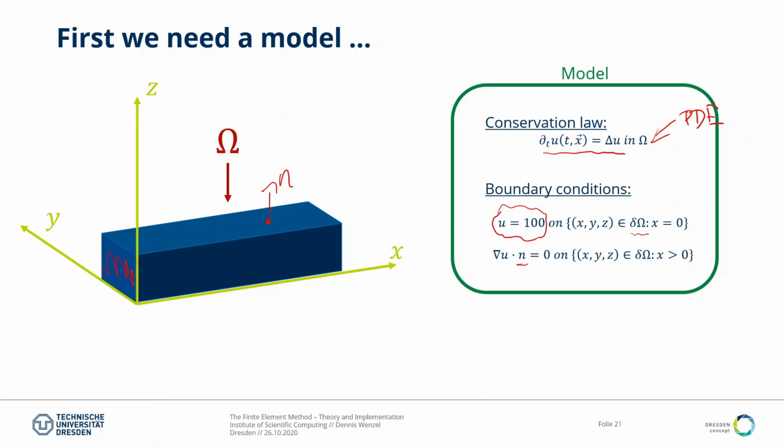So firstly, the domain. The next part is try to explain to your computer what a function is. Computers don't understand functions in that mathematical sense, but they only understand numbers. So we kind of have to represent functions, in this case the function u here as our temperature, in a way that the computer understands it.